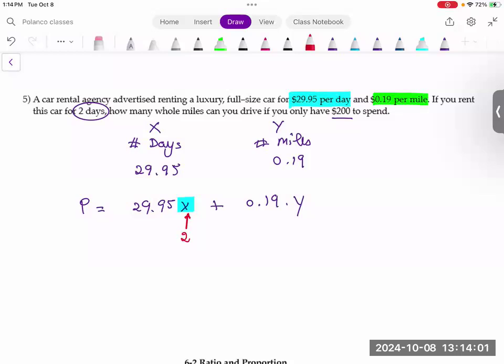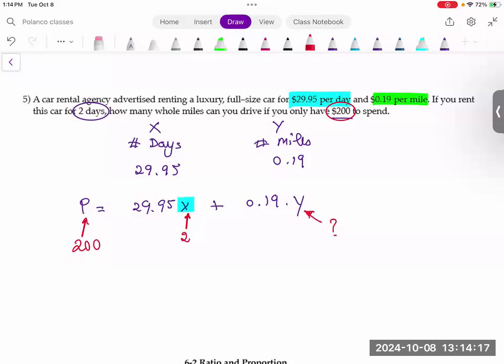Yeah, I'm getting there. Hold on to the answer, right? So now the 200, where are you gonna put the 200? For the price, that's the cost. 200 here. So the only thing that is missing is how many miles, right?